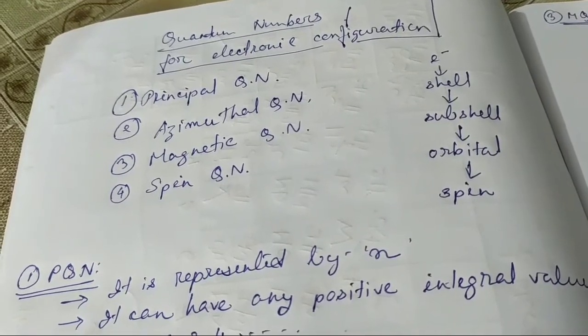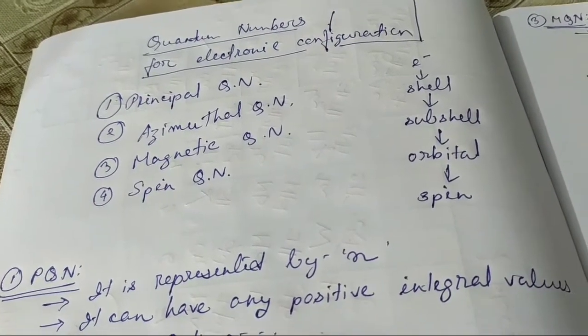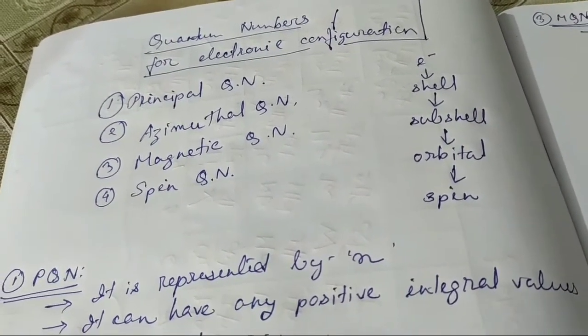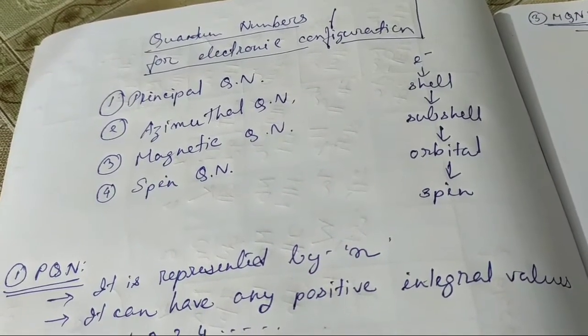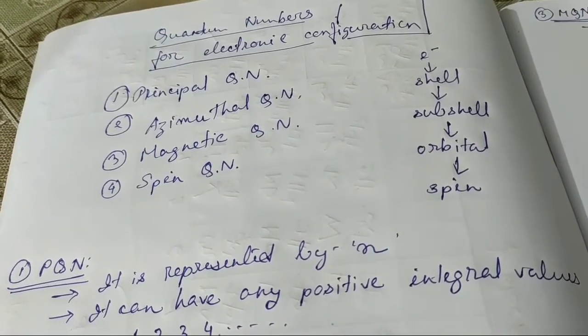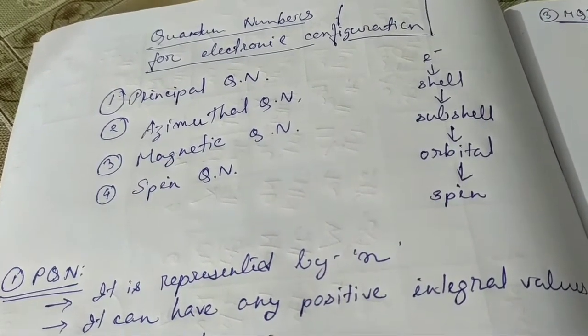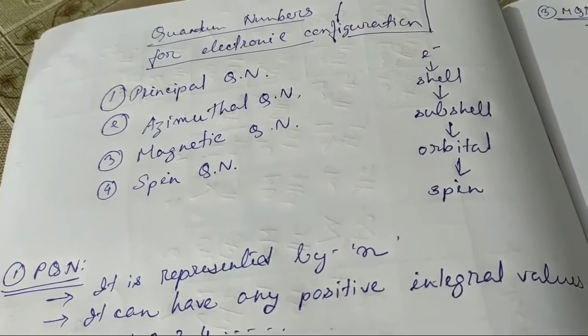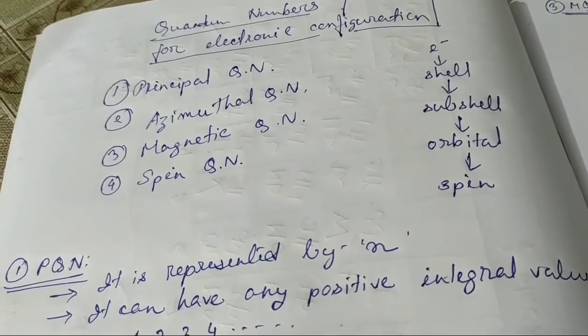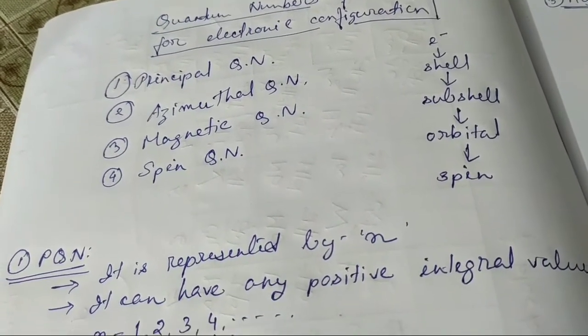When we write our own address, what do we write? First we write our name, then our house number, then street number, then our post office, then our district, then state, then country.